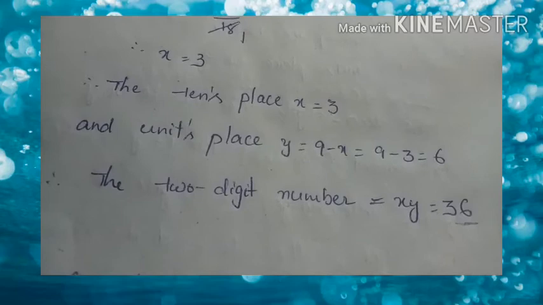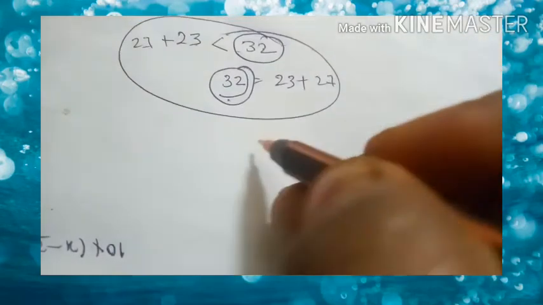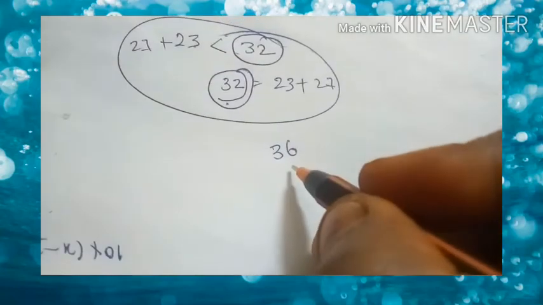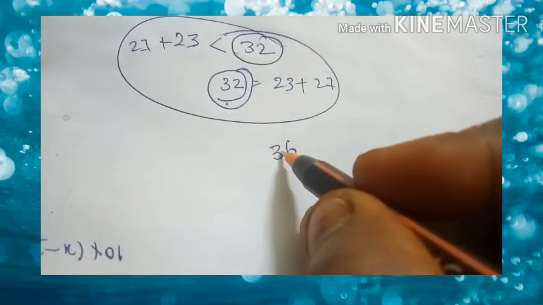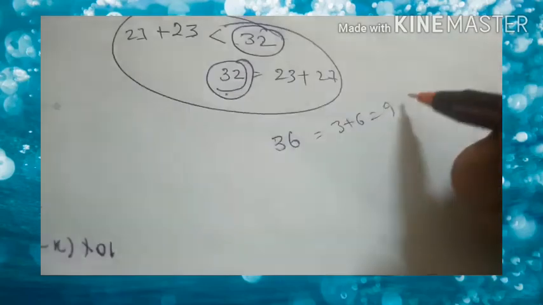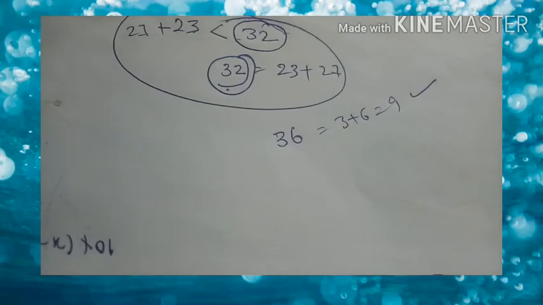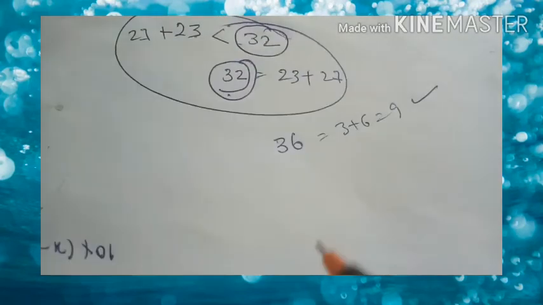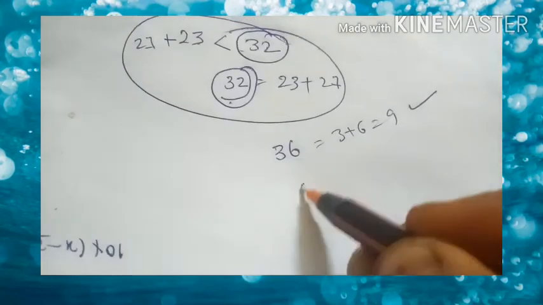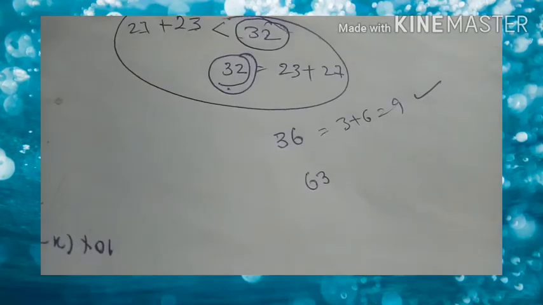Clear? Once check it, is it right or wrong? We got 36. For the first condition, add these two: 3 plus 6 is 9. The first condition is satisfied. Second one, if you interchange, it becomes 63.